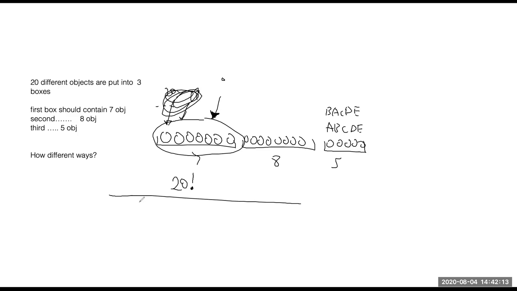So you need to divide by 7 factorial. Here you should divide by 8 factorial. And here you should divide by 5 factorial. Okay.